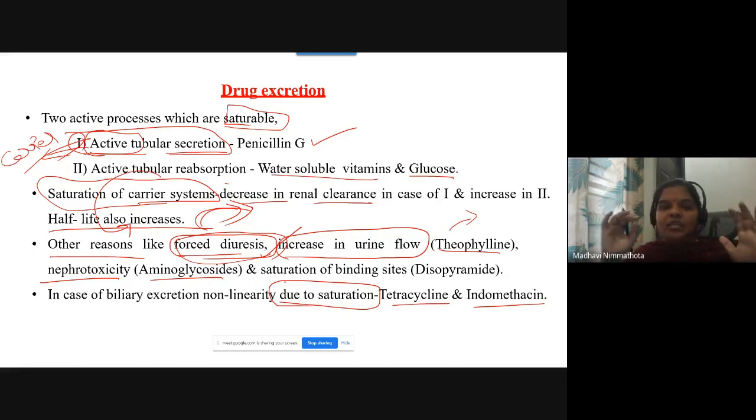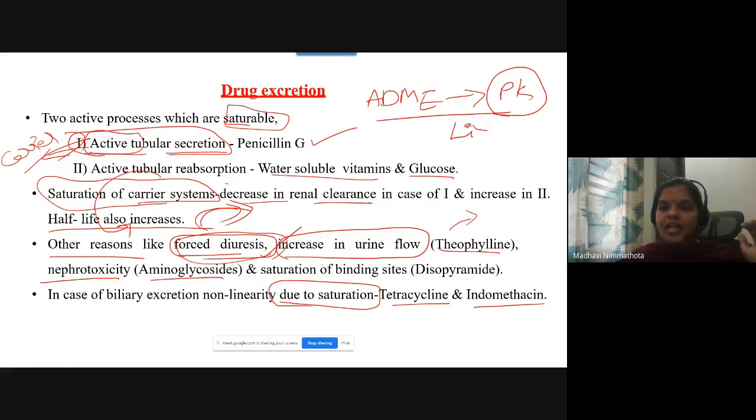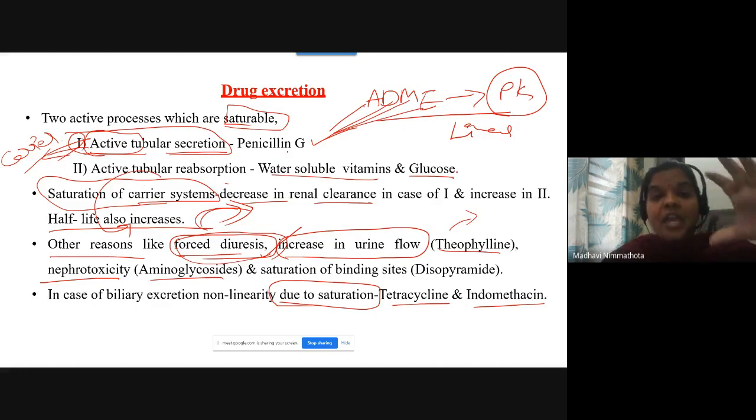Only one thing you have to remember here: if the drug follows exact ADME as per the description in the PK kinetics, it is showing linear kinetics. If it is having any deviations in either absorption, distribution, metabolism or excretion, then it is non-linear.